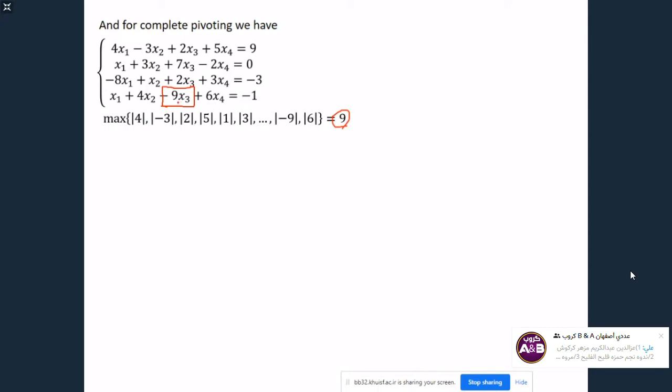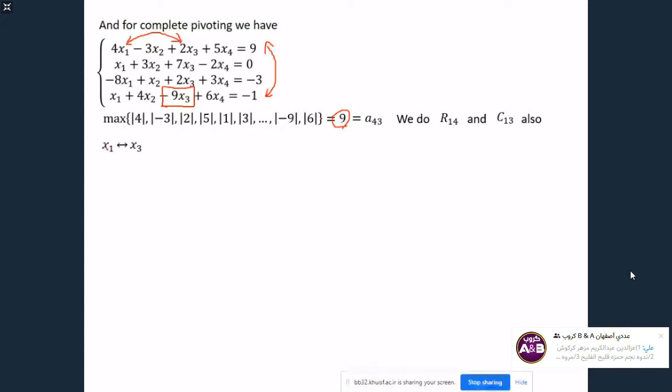So it must go to the first row and the first column. It is A43, in the fourth row and third column. So we do R14, that means substitute the first and the fourth rows, and also C13, that means substitute between the first and the third column.